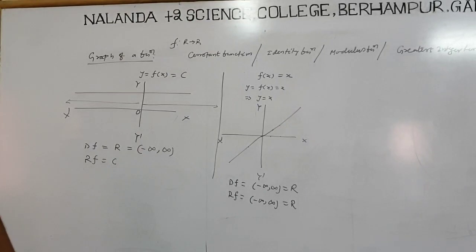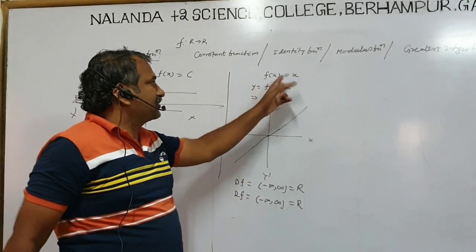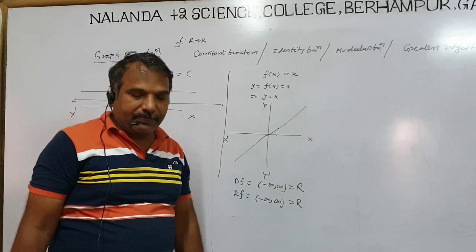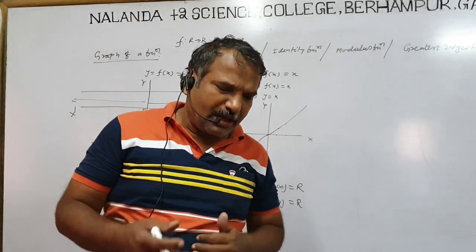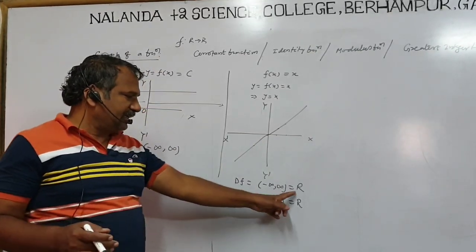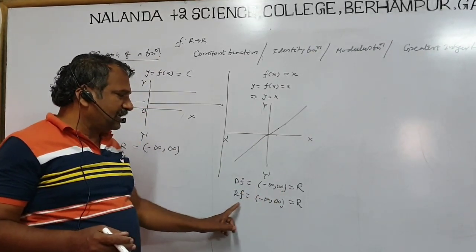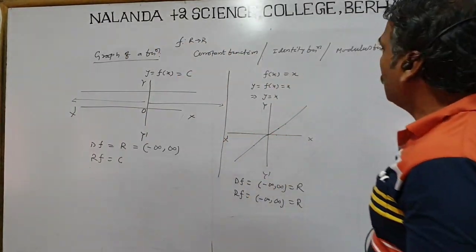This is the definition of the identity function. Identity means x equals 1, y equals 1, x equals 2, y equals 2. The domain of the function is the real numbers, and the range is also the real numbers.